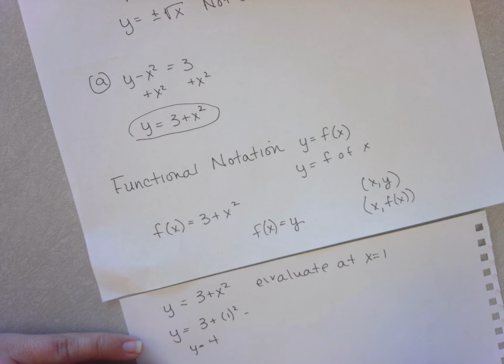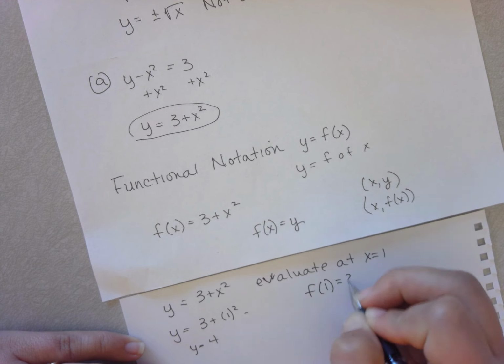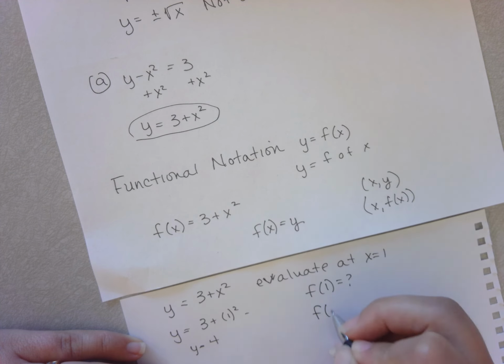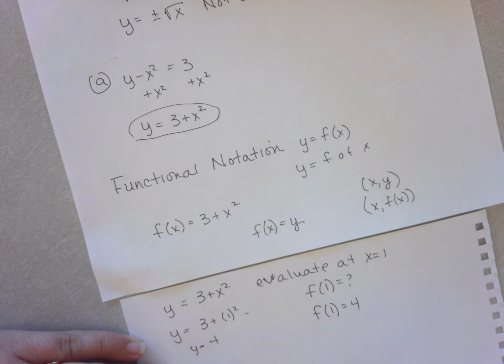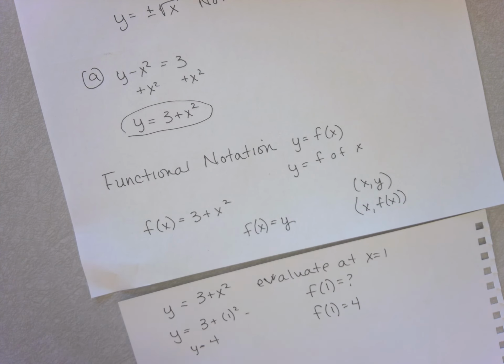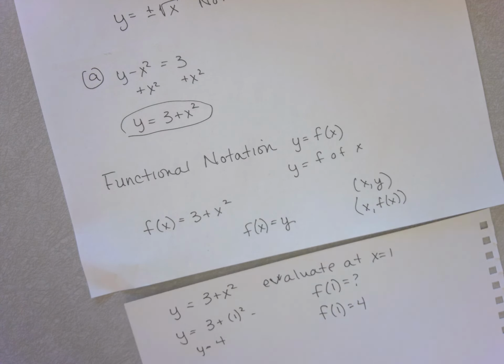So a shortcut, the reason why we like this functional notation, instead of saying evaluate at x equals 1, we just say what's f of 1? And since we plugged in 1 and get out 4, we can say that f of 1 is equal to 4. So this is just some notation that we use when we know that something is a function, and it gives us a kind of a shorthand way of saying, okay, well then what's f of this?